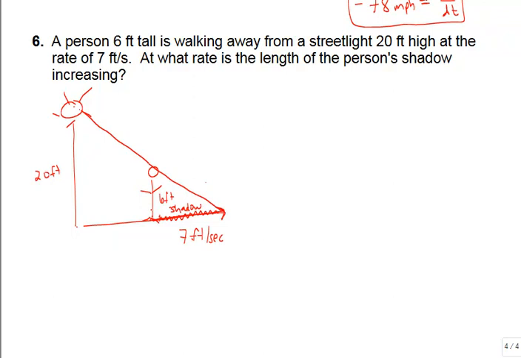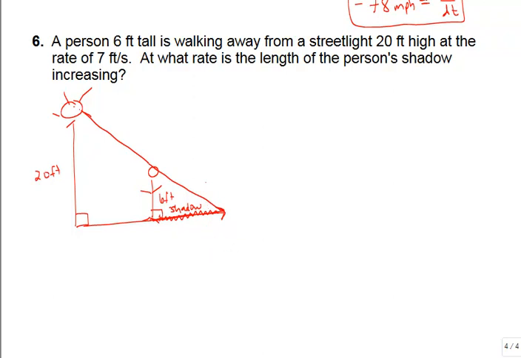And again, we're going to assume that this is a right angle here and a right angle here. So this should look kind of similar to those triangles nested inside of each other that we had when we did our cone problem. It's going to be done very similarly in the fact that we're going to be using similar triangles to set up our equation. So here's what we have so far. Now let's label the things that we know. The shadow is this horizontal distance in front of the person.